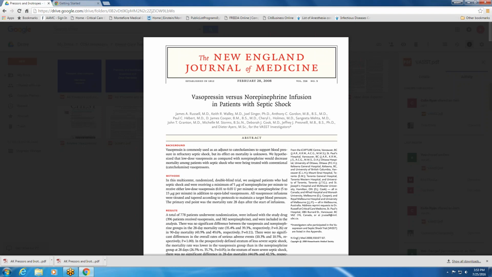Basically, vasopressin became of interest as a pressor in the late 90s, I believe, when Tom Landry at Columbia was noticing that patients who were getting it for variceal bleeding, to reduce splanchnic pressures, tended to get hypotensive when they came off their vasopressin infusions if they were also septic, so we started to think about it as a pressor.